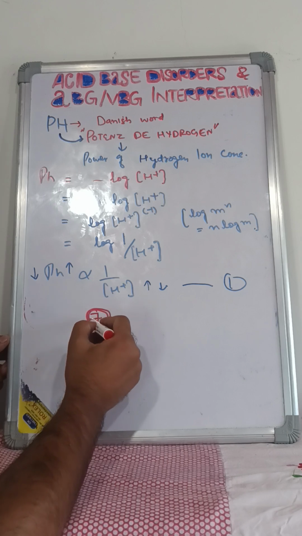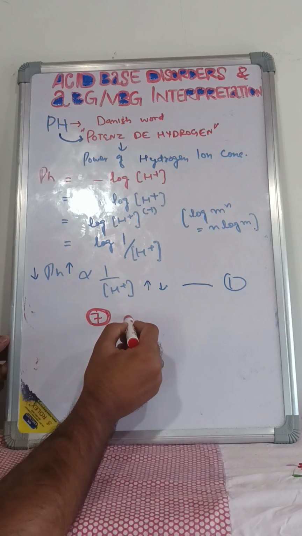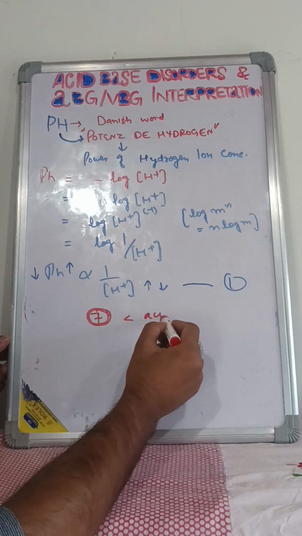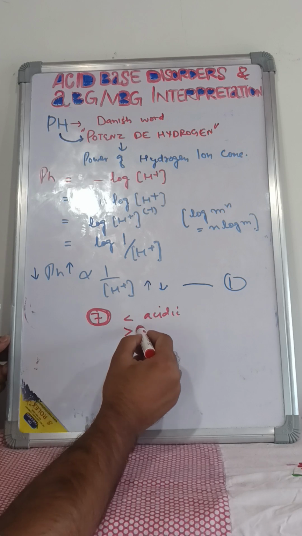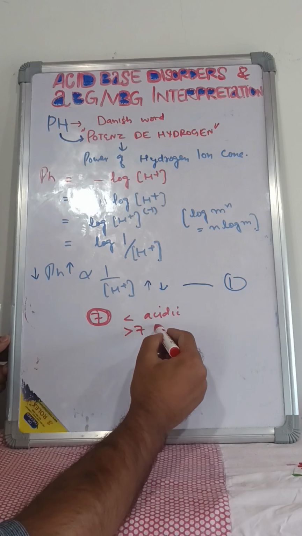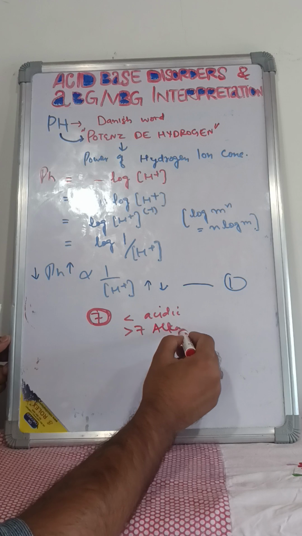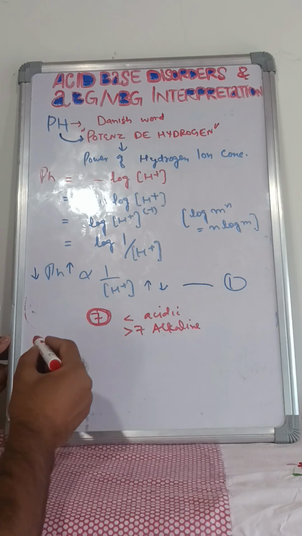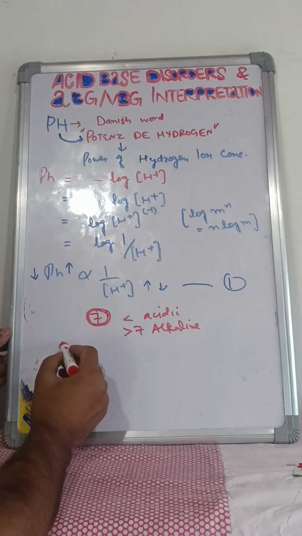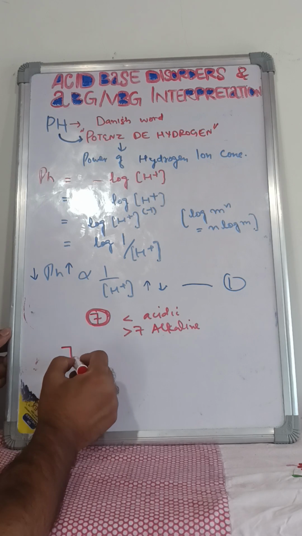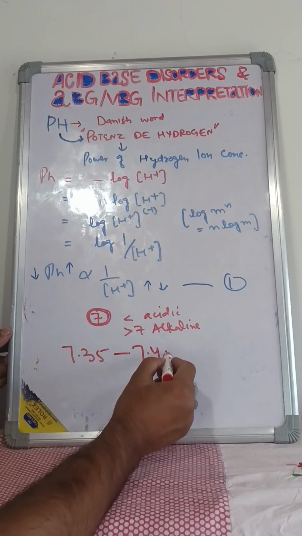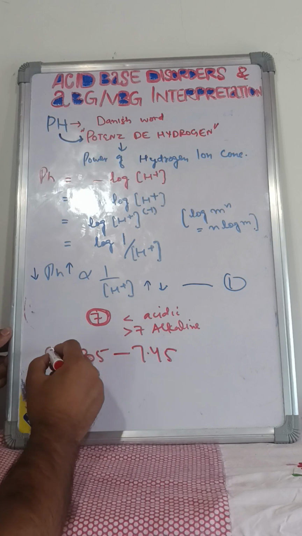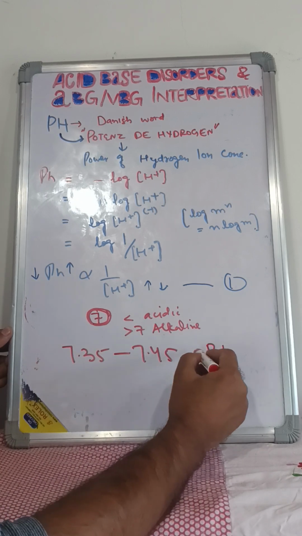Water has neutral pH 7, and anything less than 7 is acidic, and anything whose pH is greater than 7, that is alkaline in nature. And the normal pH level of human blood is 7.35 to 7.45. Remember this value once and forever.